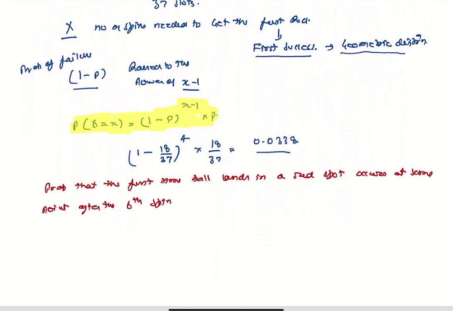In this case the probability is that x is more than 6, so that is going to be 1 minus the probability that x is less than or equal to 6.